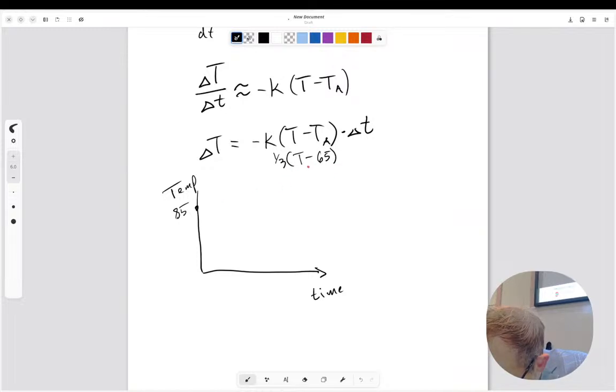So negative 20 over 3 times however big my time step is. So the bigger the time step, the more I'm going to drop down like that, kind of visually thinking about what the Euler method is.